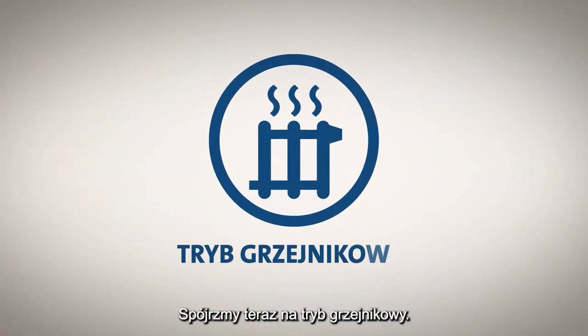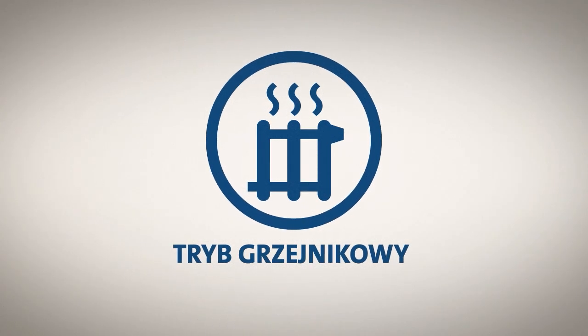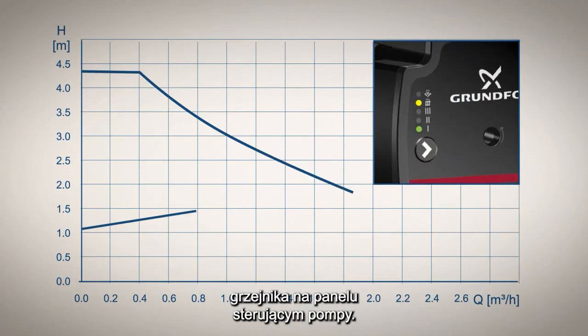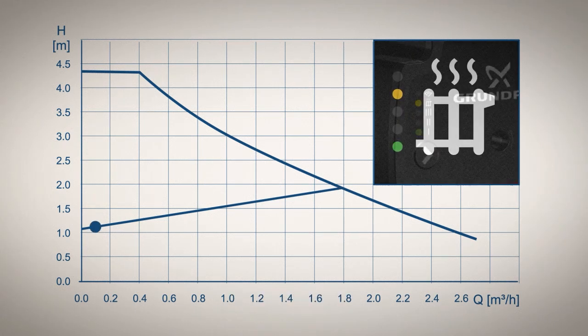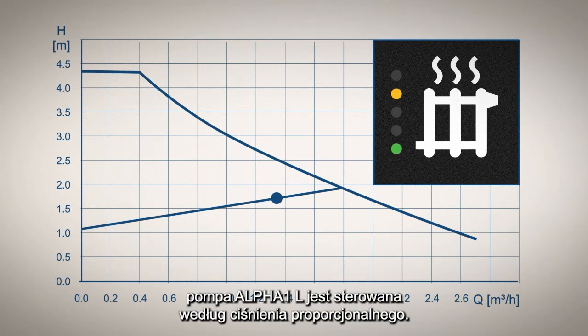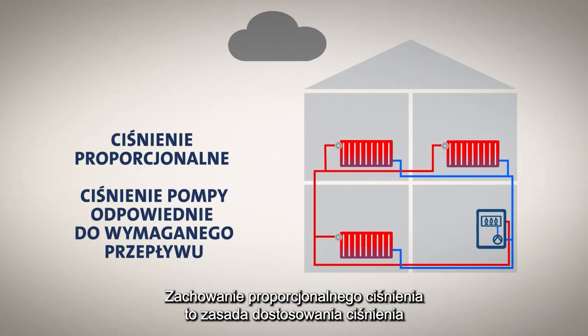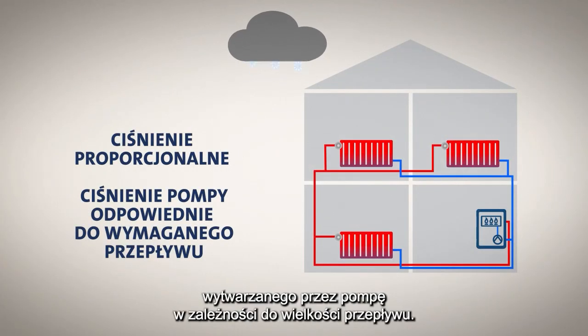Now, let's turn our attention to the radiator mode. This new control mode is highlighted with a radiator symbol on the user interface. When in radiator mode, the Alpha 1L operates at a proportional pressure. Proportional pressure is the principle of adjusting the pump's pressure to match the flow.